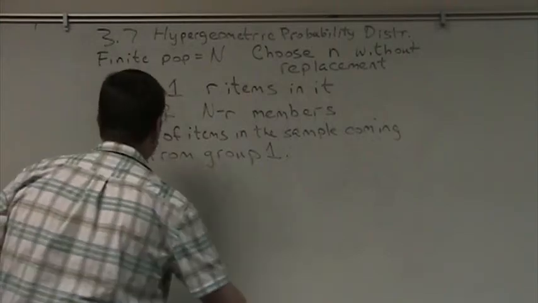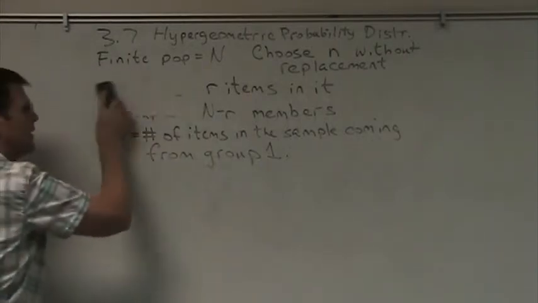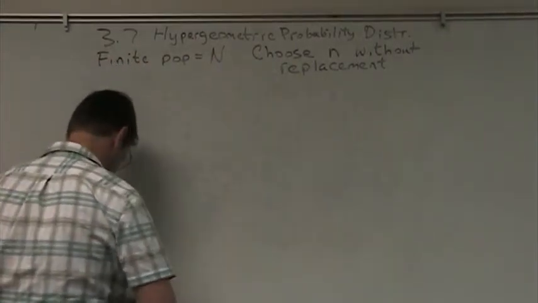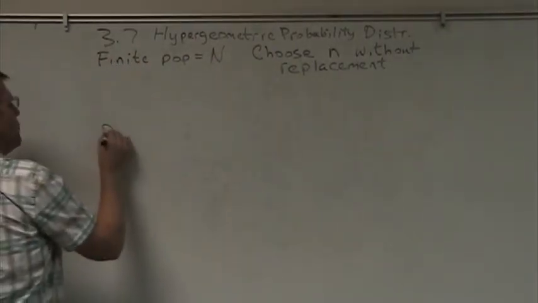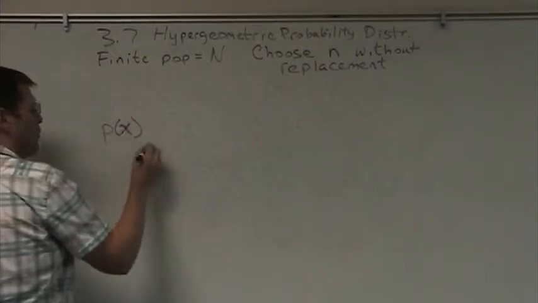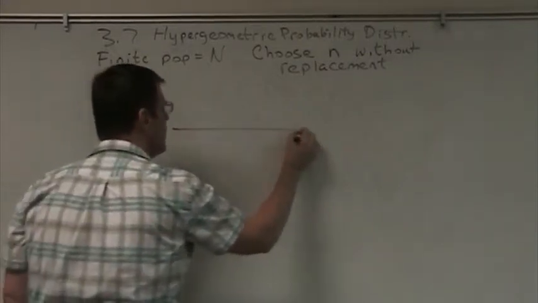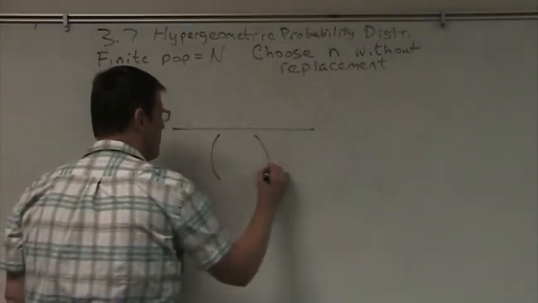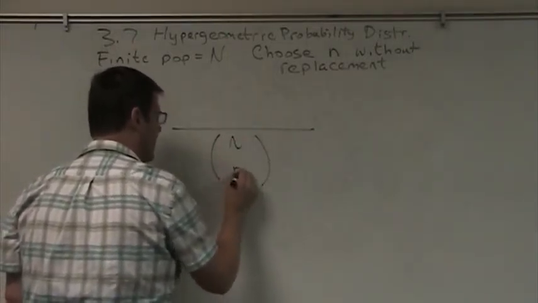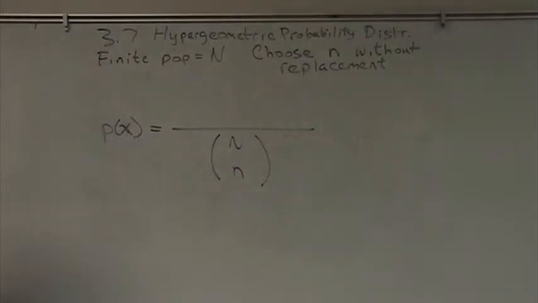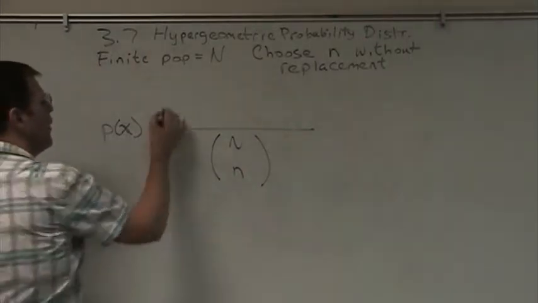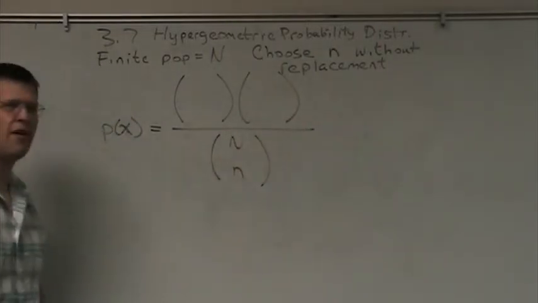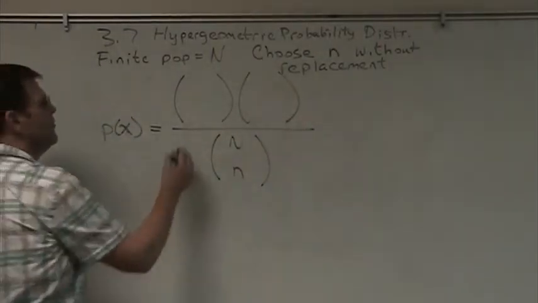As far as P of x is concerned, remember, we're choosing a sample of little n items from a population of capital N items. So the number of ways we can do that is capital N choose little n. As far as the numerator is concerned, we've divided things up into two groups.